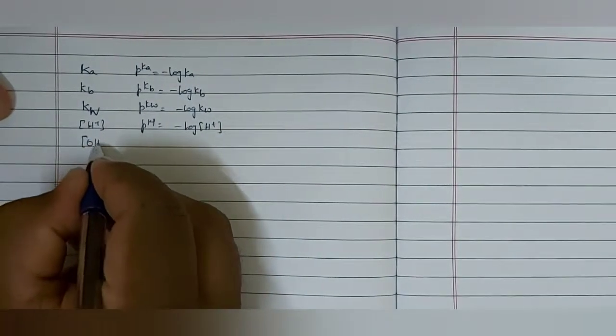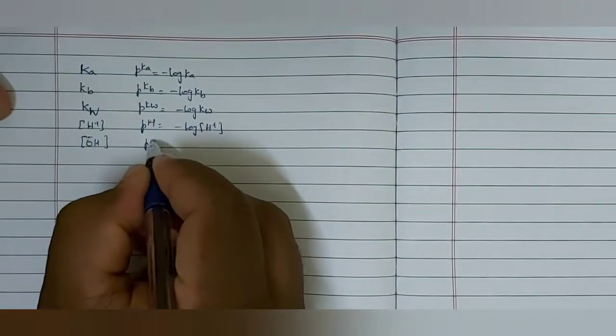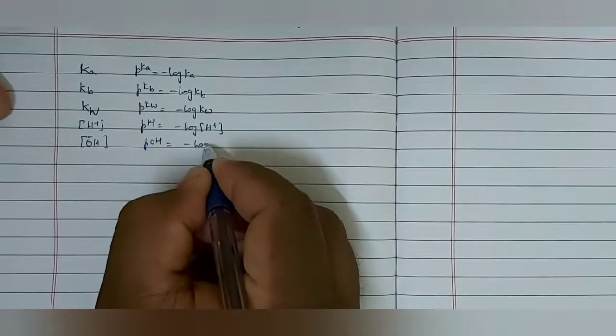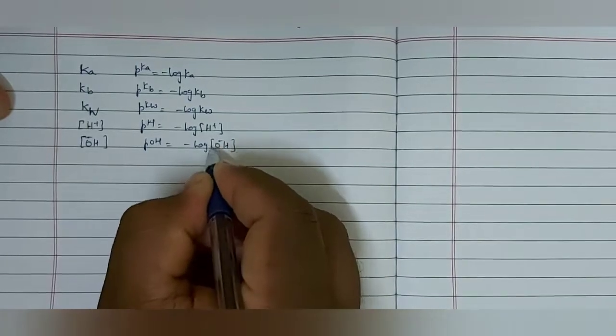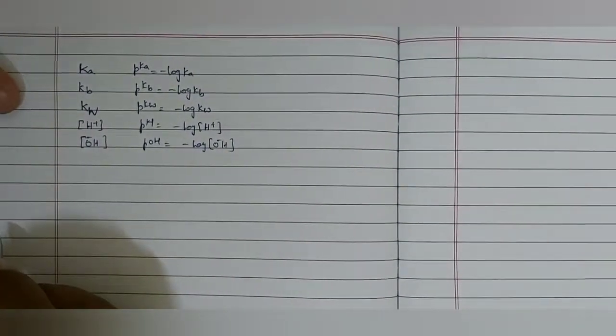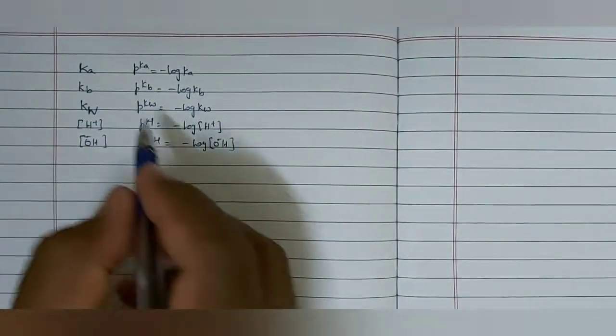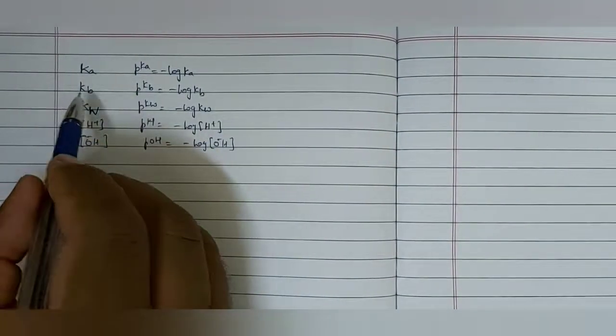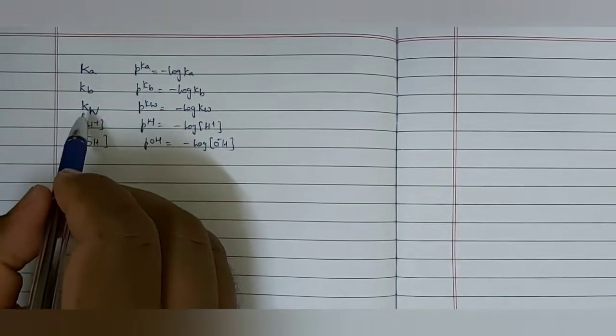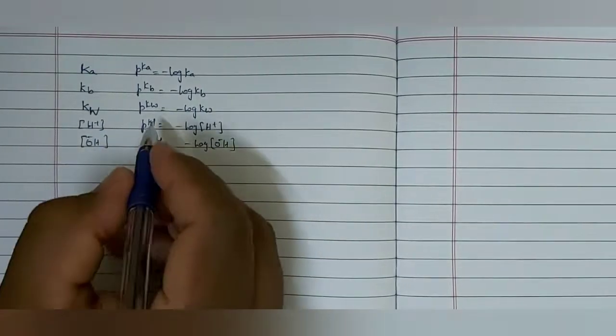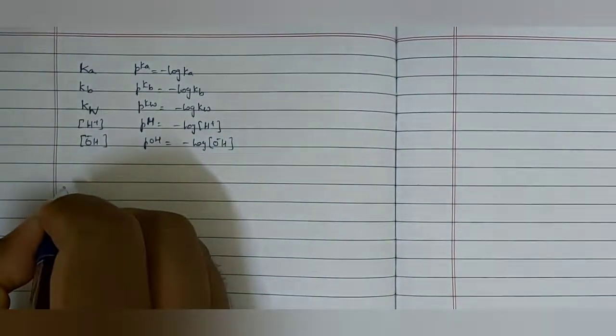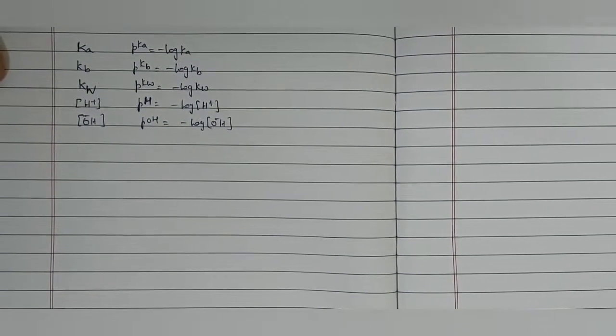If you know the concentration of OH minus, pOH is equal to the negative logarithm of the OH minus ion concentration. Like that, correspondingly, we have Ka, pKa, Kb, pKb, Kw, pKw, and the related formulas we have also studied in the previous class. These are all the information about acids and bases.